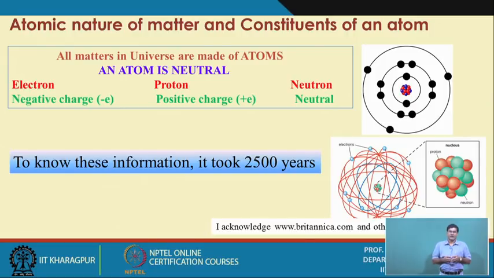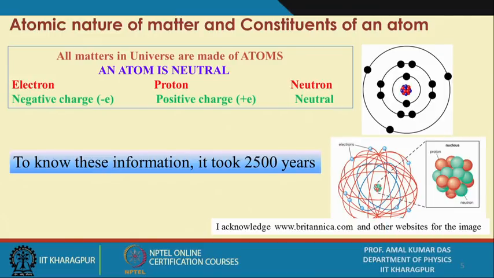But if you close your eyes and go back 2005 years, what was the situation at that time? What I want to say is that now we know all matter in the universe is made of atoms.